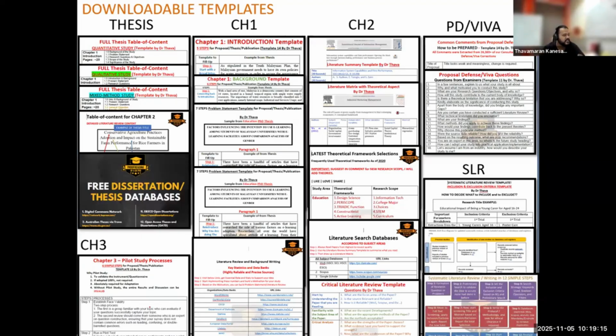Then we have the chapter 3 template, the pilot study process. For chapter 1, we have templates from introduction, background, and two or three different problem statement templates. For chapter 2, we have the summary template we used in the first class.